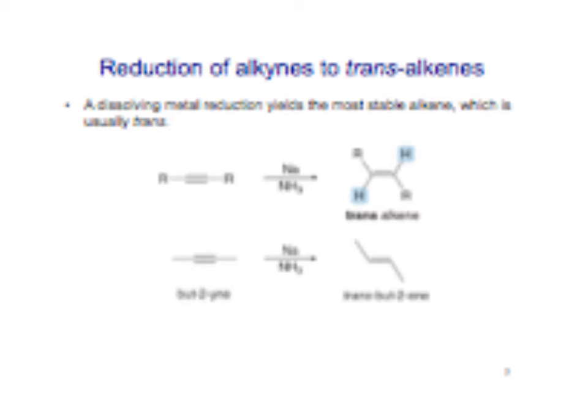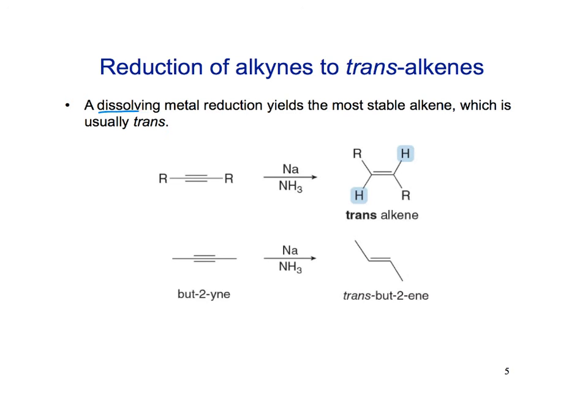What if we want the trans alkene, though? Yes, there's a way to do that too. In this case, it involves a dissolving metal reduction. In this reaction, we generate the alkene and we isolate the most stable alkene, which is usually the trans isomer.